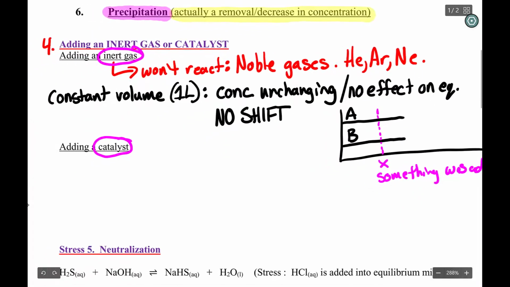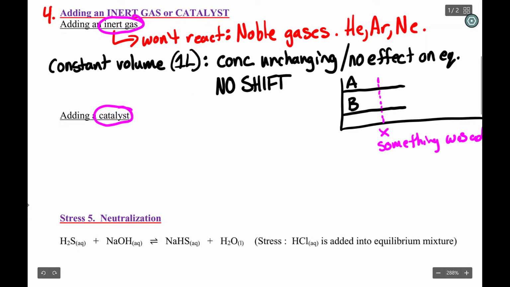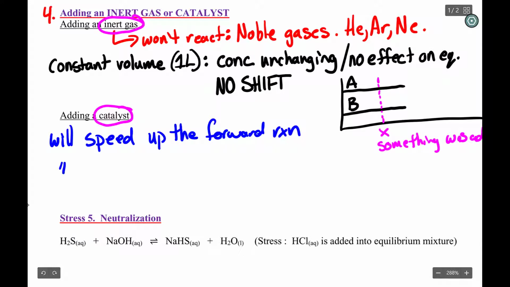Now, using a catalyst, we need to understand what that would do. Adding a catalyst will speed up the forward reaction, and it will speed up the reverse reaction. Equal amounts.